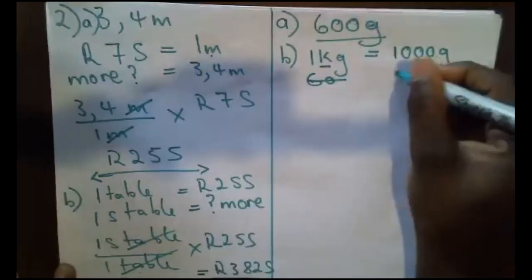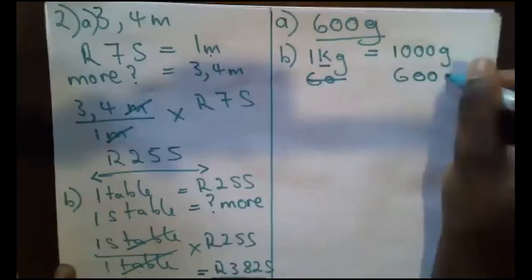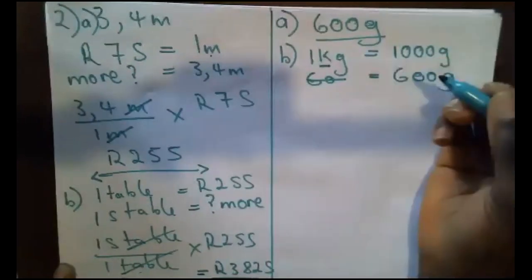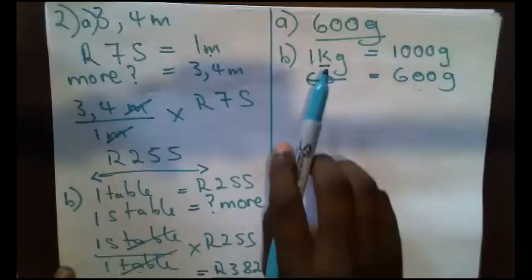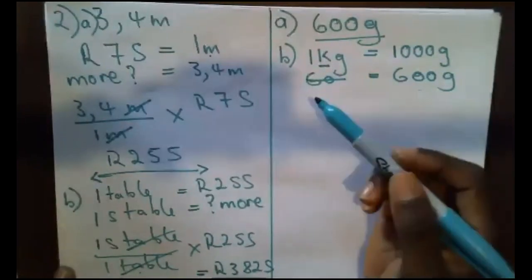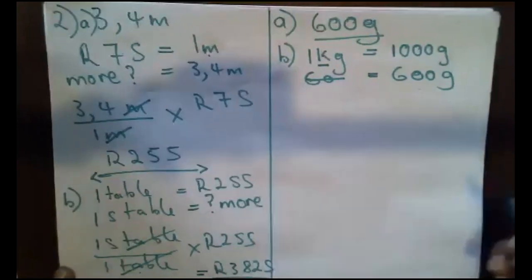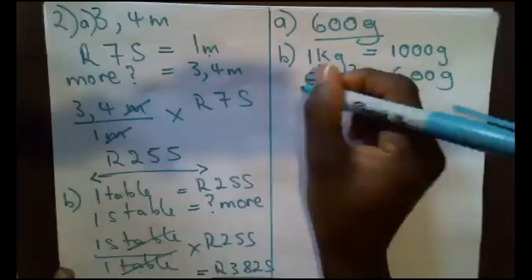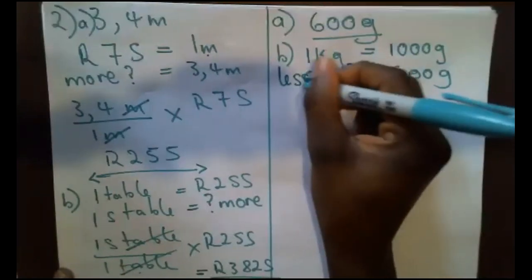So we're having 600 grams here. You ask yourself again, is 600 grams going to give you more kgs than 1,000 grams, or is it going to give you less kgs than 1,000 grams? This is going to give you less, right?